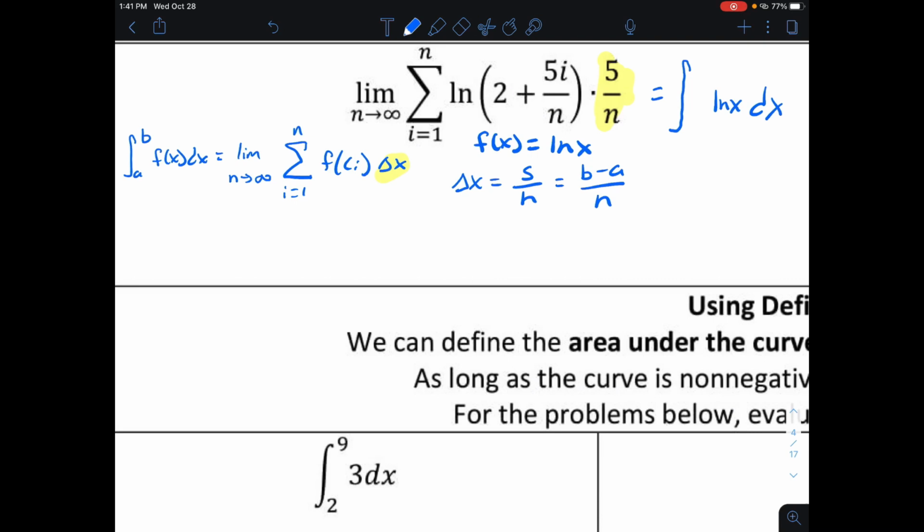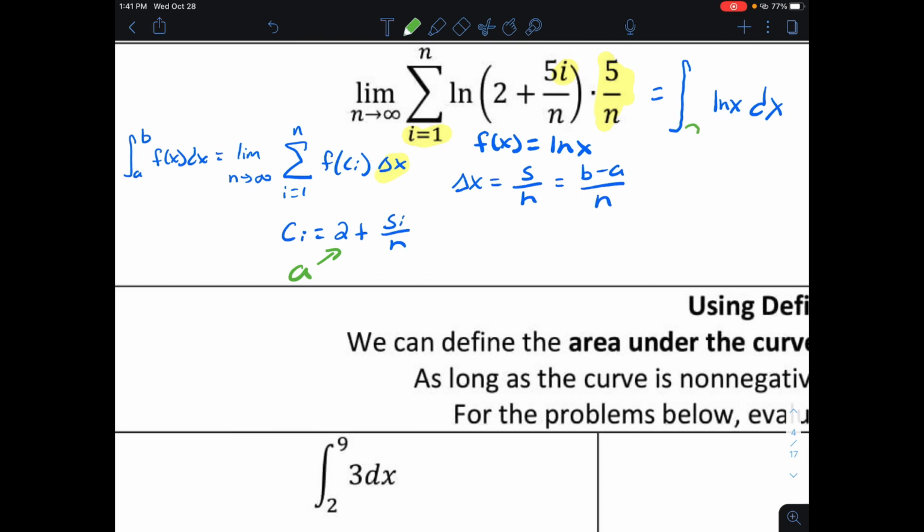Well, to do that, we're going to use our corner expression, which is what is on the inside of the natural log function, 2 plus 5i over n. And looking at this notation, because of the i that we have, we are looking at the right endpoints, which is telling me that the 2 represents the starting amount.